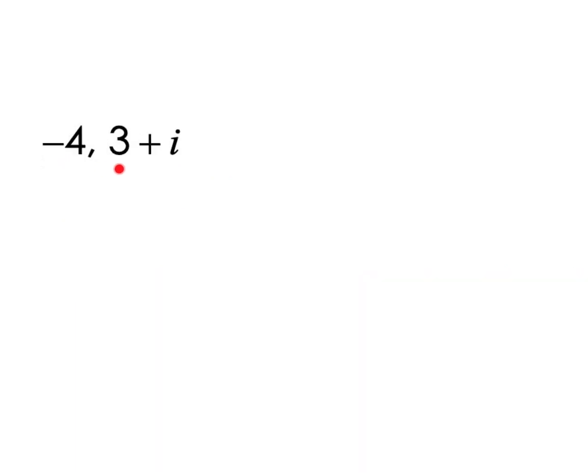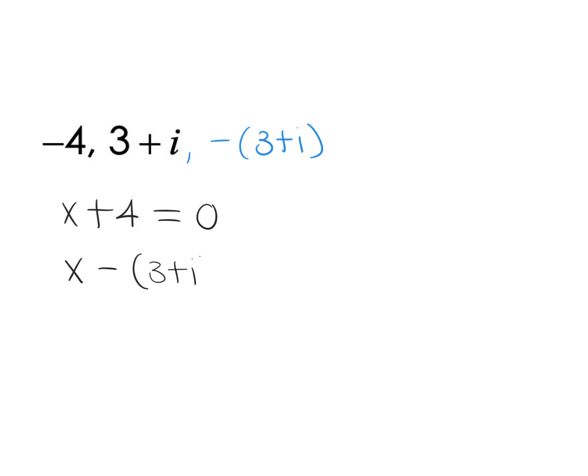Here our zeros are negative 4 and 3 plus i. So you're going to have a negative 3 plus i as well. So then you'll have x plus 4 equals 0. X minus 3 plus i equals 0. X minus negative 3 plus i equals 0.